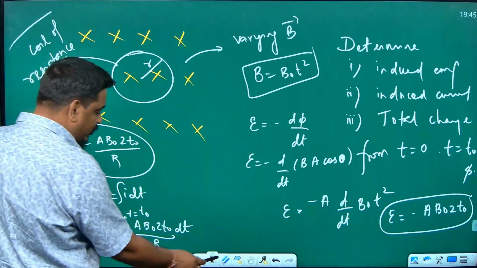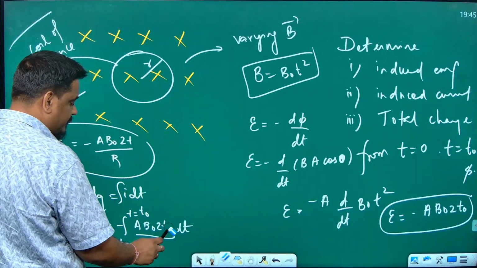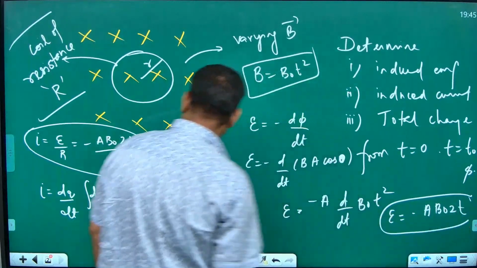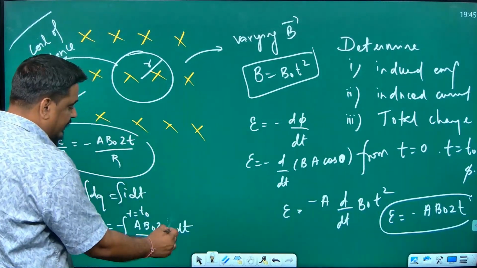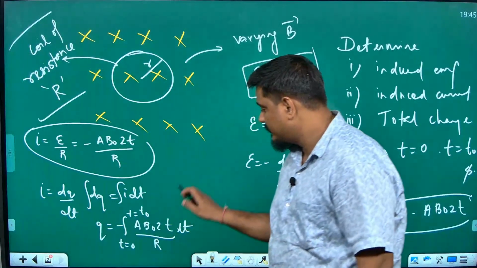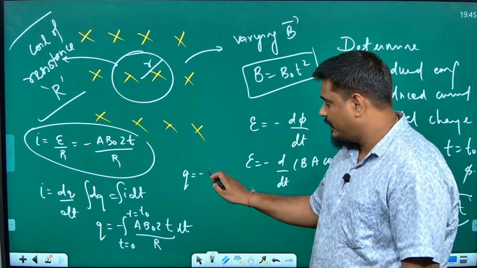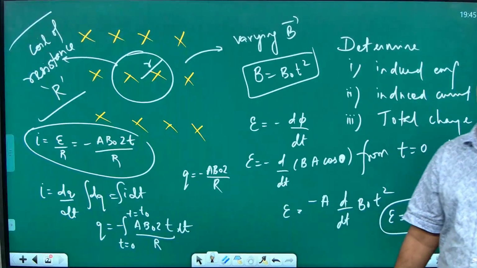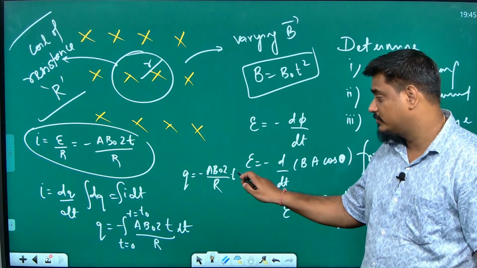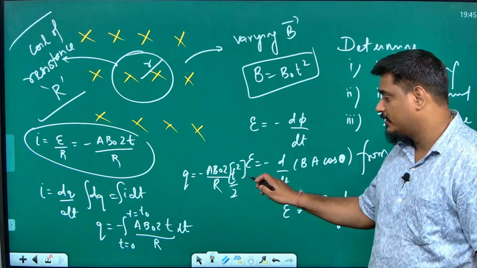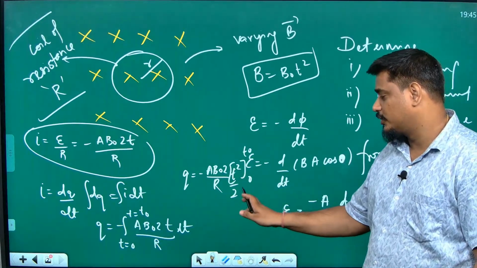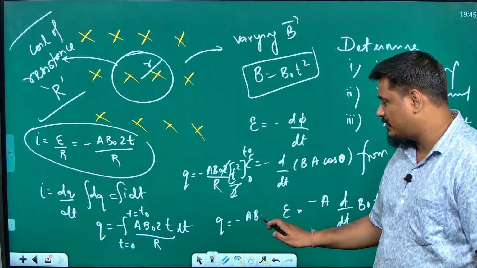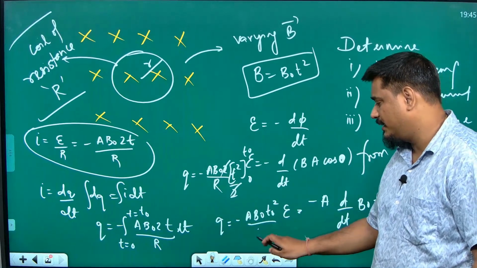Actually I should put t here, and only at last put t naught, which is the extreme value. So the integration of t dt is t square by 2, with limits 0 to t naught. This 2 will cancel this 2. Q will become equal to negative A B naught into t naught square by R.